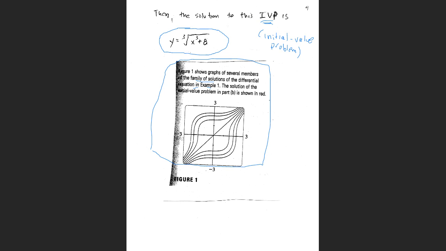So here's the point 0, 2 that our solution passes through. And so it's going to be this solution here.